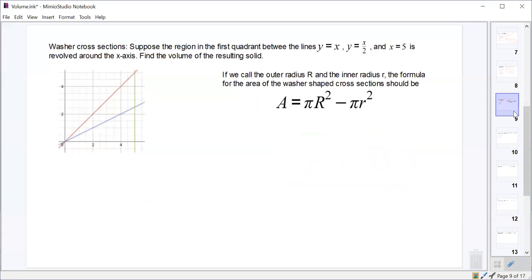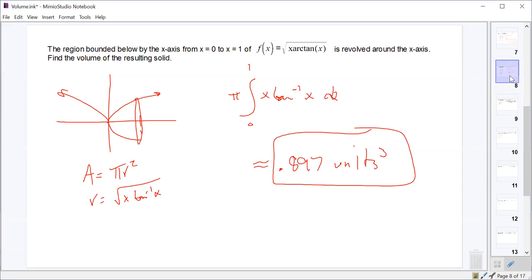All right. So what happens then if the region that we are revolving is not pushed up fully against the axis that we're revolving it around? So we look at the ones we just did. The region was revolving around the x-axis, and we were completely touching the x-axis in our entire region, right?